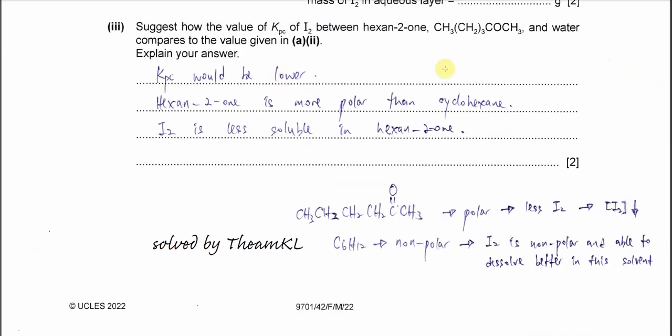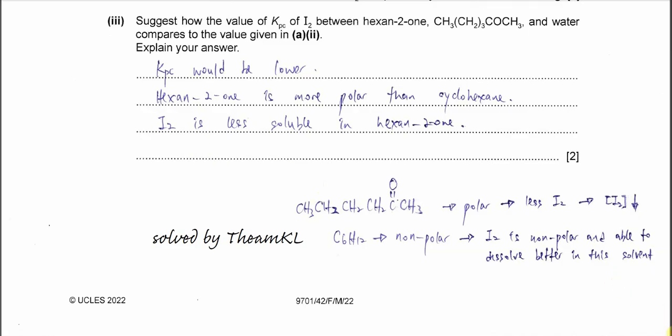Part 3. Suggest how the value of KPC of iodine between hexan-2-one and water would compare. Just now it was cyclohexane, now it is changed to a ketone. First, you need to know the polarity of the solvent.